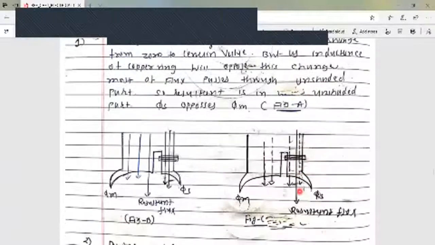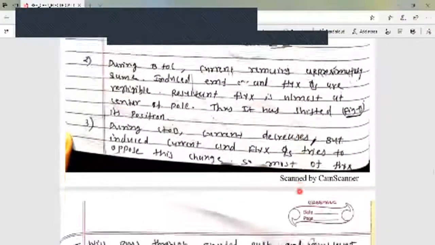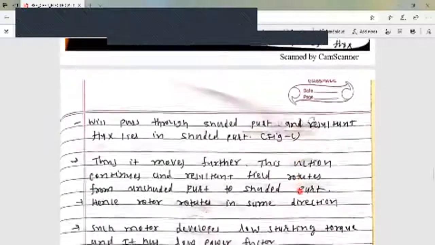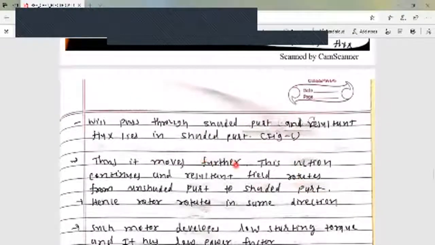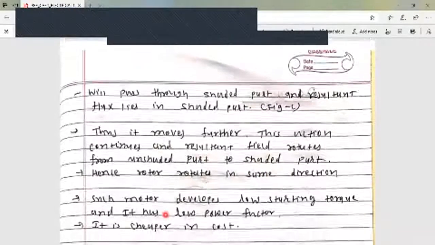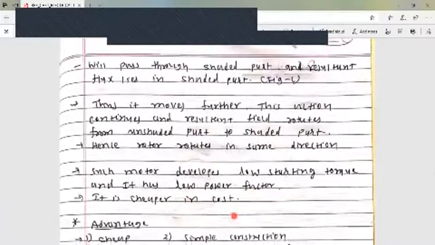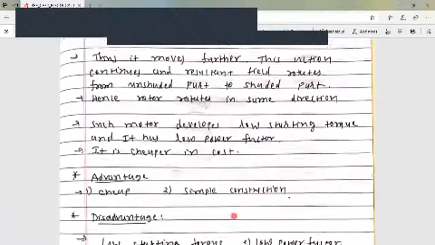So we can see from these three cases that resultant flux moves further. This is continuous and resultant field rotates from unshaded part to shaded part, hence rotor rotates in same direction. Such motor develops low starting torque and it has low power factor, but it is cheaper in cost, which is an advantage of this shaded pole induction motor.